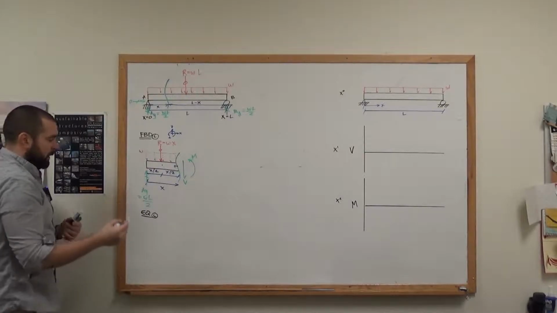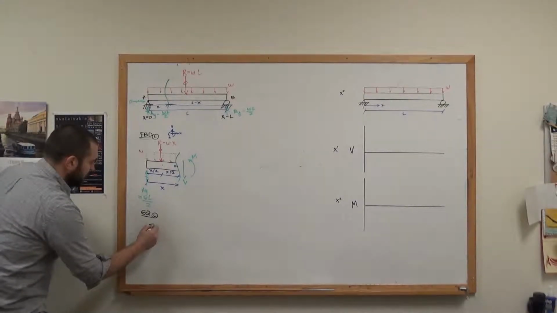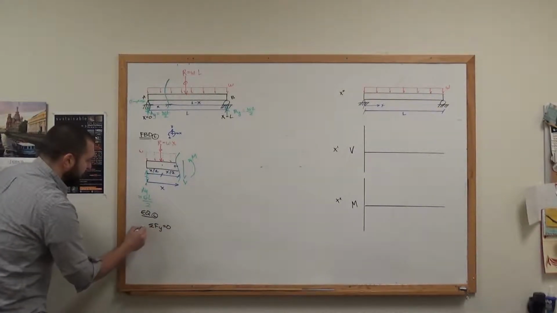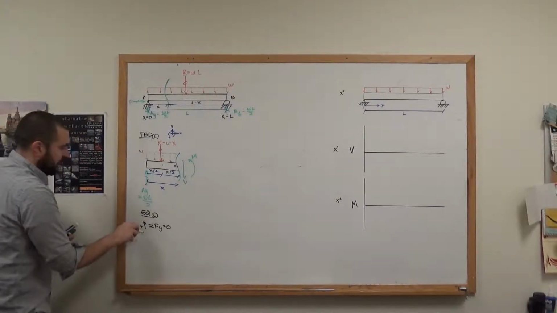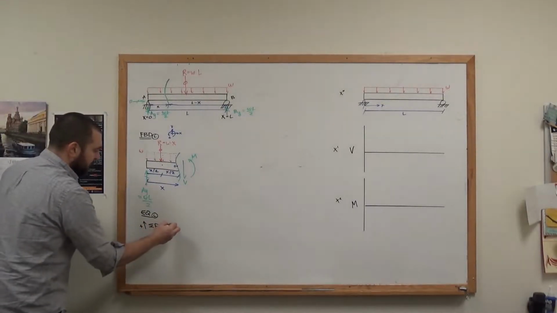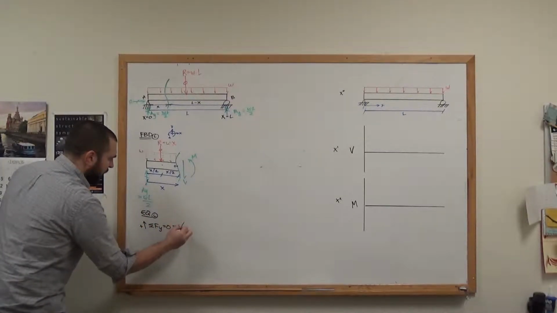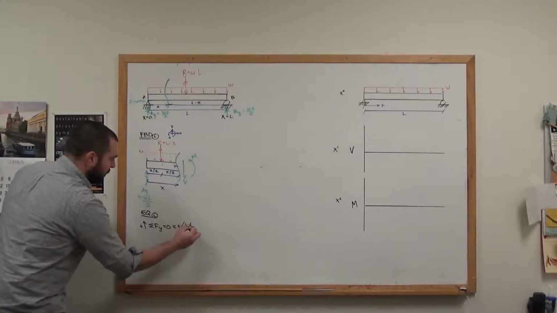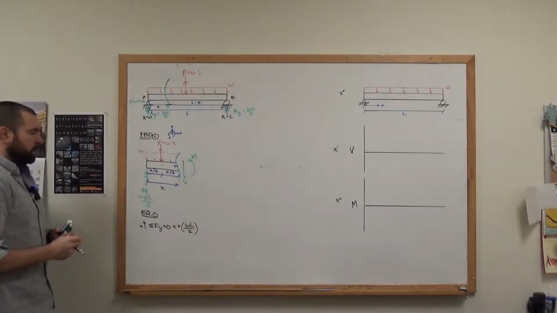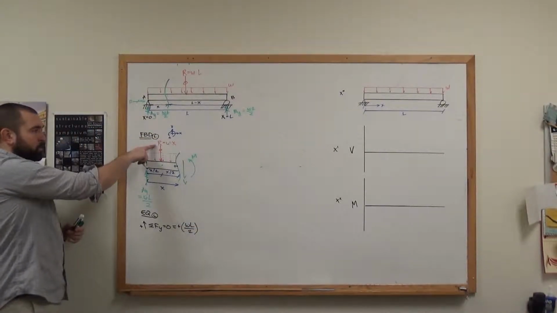So to solve for V, very straightforward. Sum the forces in the y direction equal to 0. Based off my coordinate system, up is positive. So here I have AY going up, so plus AY. AY has a value of WL over 2. Downwards, I have this resultant force.